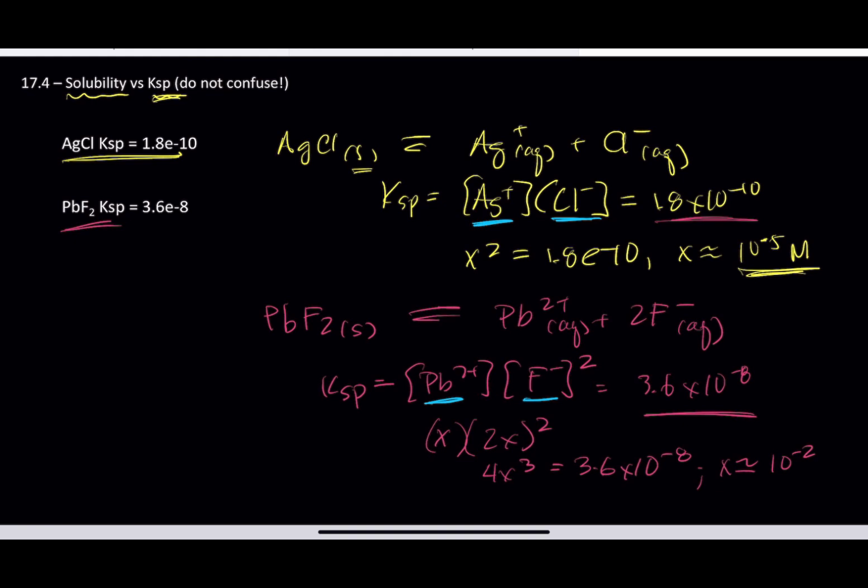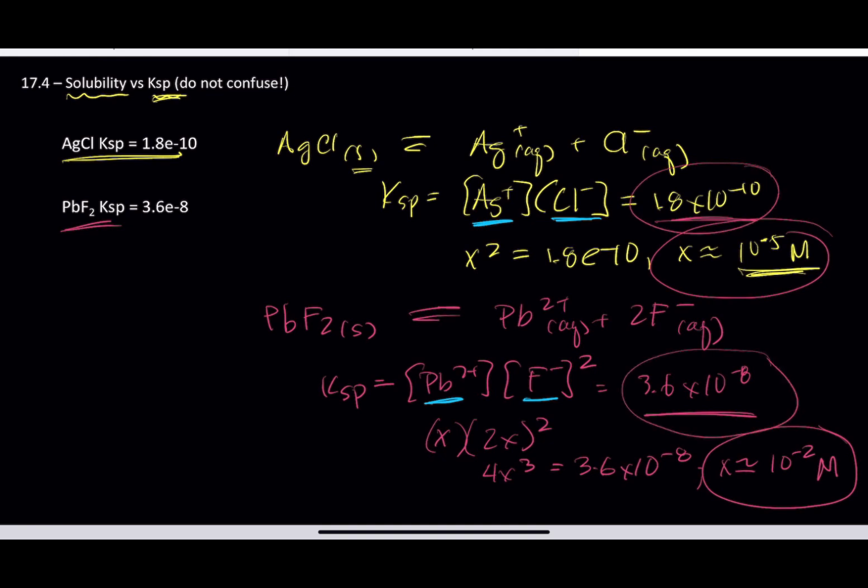And so that's approximately the solubility of lead, which is then approximately the solubility of lead fluoride. So then when we look at these, this is the approximate solubility, and these are the respective Ksps, yes?